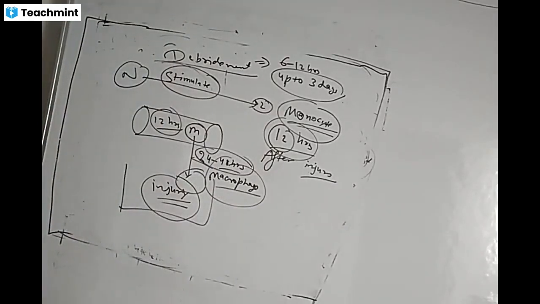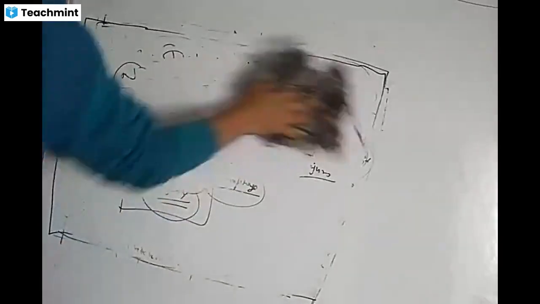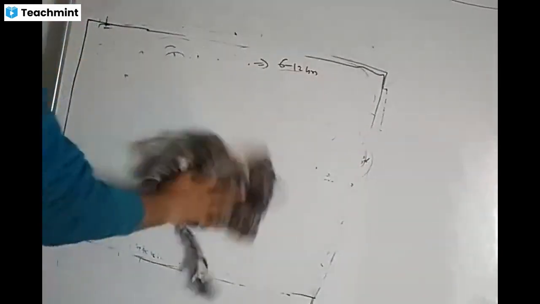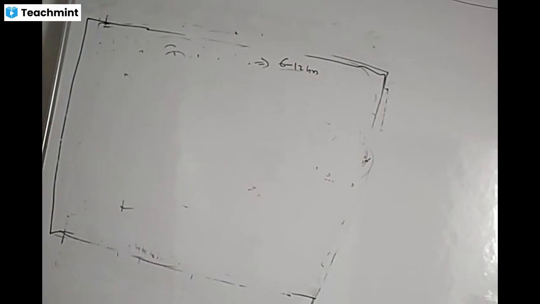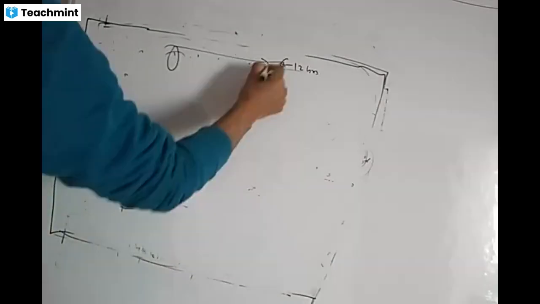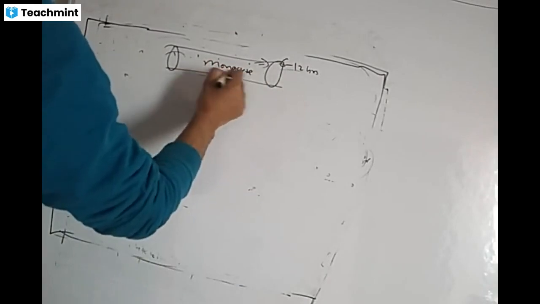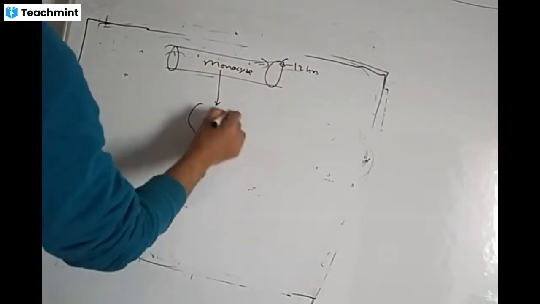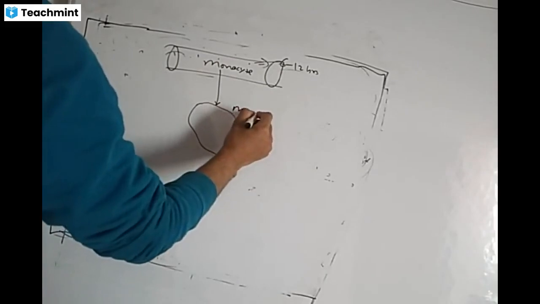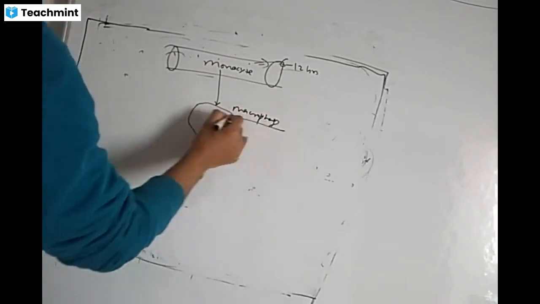This is the blood vessel. Inside the blood vessel, they are monocytes. They come out and they become macrophages.